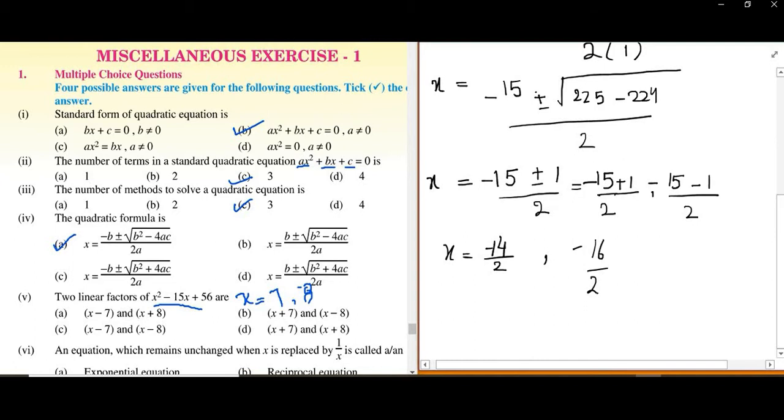You will get 7 and 8. These are x equals to 7 and x equals to 8.